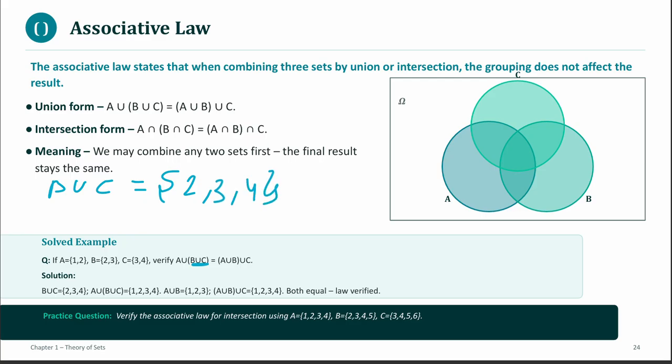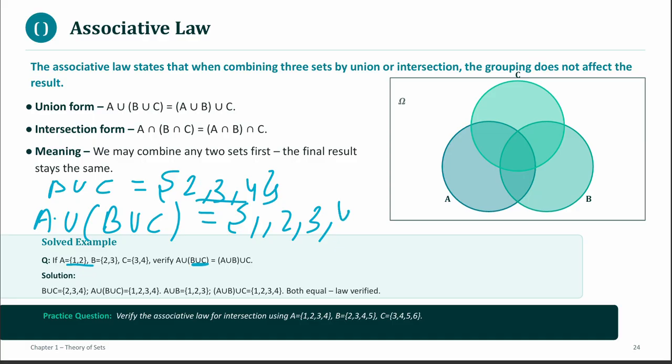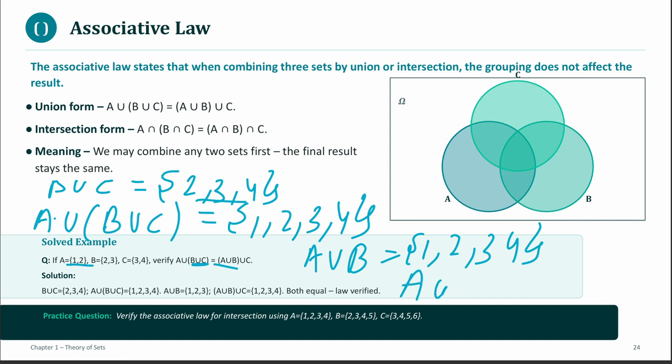Now if I do A union (B union C), here I have A and here I have B union C. So I get 1, 2, 3, 4. Similarly, if I do A union B first, A union B is 1, 2, 3. And now if I do (A union B) union C, what will I get? Okay, this was 1, 2, and 3. Sorry.